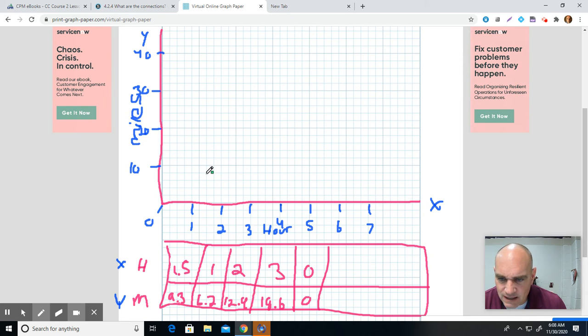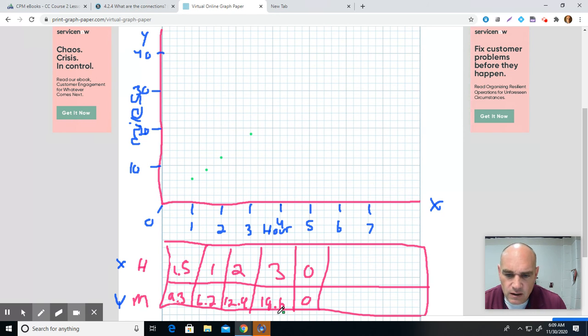Well, that's 8, so 9.3 is going to be somewhere in that area. 1 is going to be 6.2 miles: 2, 4, 6, and then just a smidge above that. 2 is 12.4, same thing, just a smidge above there. 3 is 18.6.